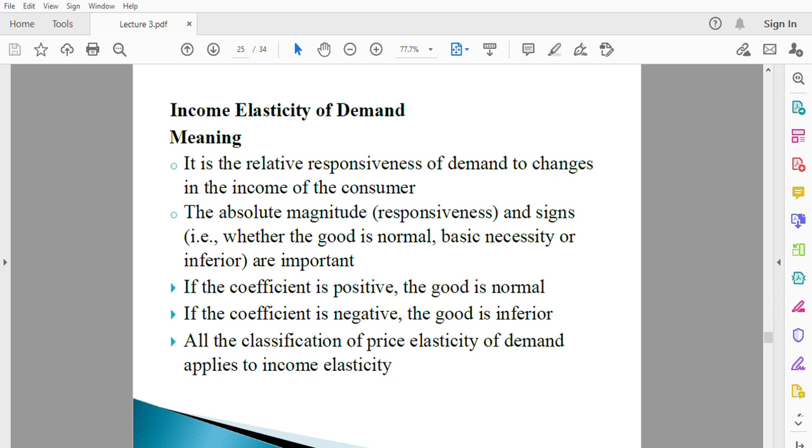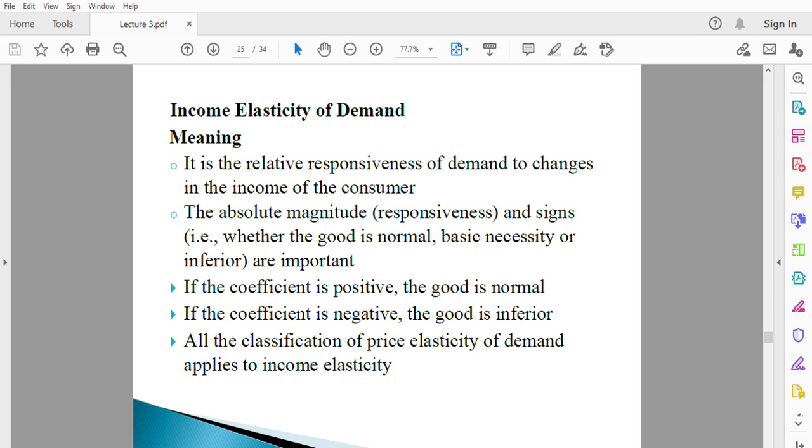So, the change in income of the consumer can also affect the quantity the consumer will demand. So, the absolute magnitude or responsiveness and size, that is whether the good is normal, basic necessity, or inferior, are very important in income elasticity of demand. Let's note this. If the coefficient is positive, the good is a normal good.